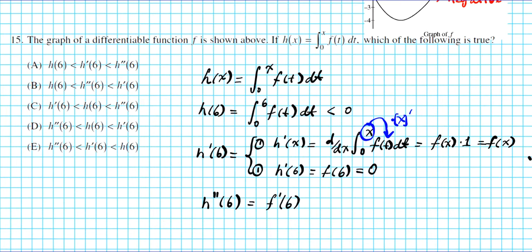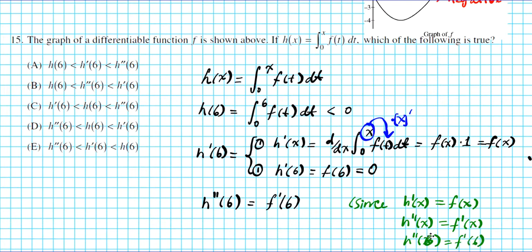We found out that h prime of x is f of x, right? H prime of x is f of x. So what do you think h double prime of x is going to be? H double prime of x is going to be f prime of x. And then h double prime of 6 is going to be f prime of 6.